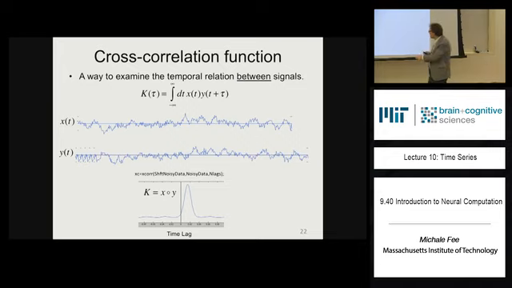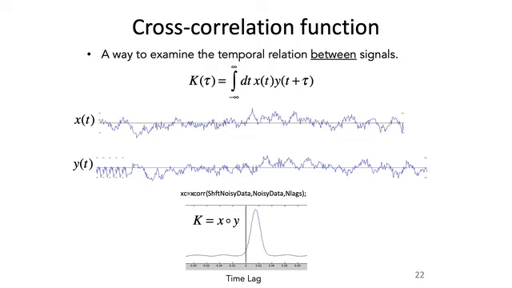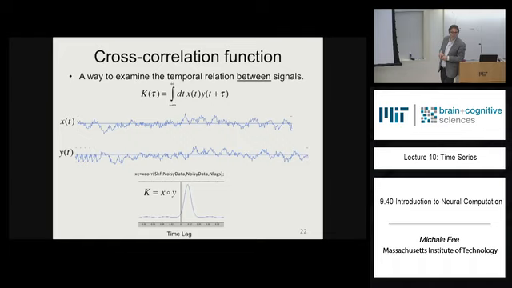And that cross-correlation was just the kernel that described how you get from the input to the neuron to the response of the neuron.